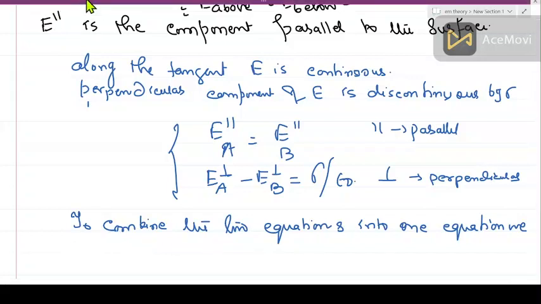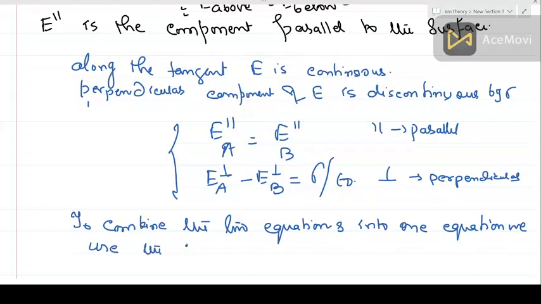Now you must understand the physical meaning of this unit normal. We use the concept of unit normal, n cap.